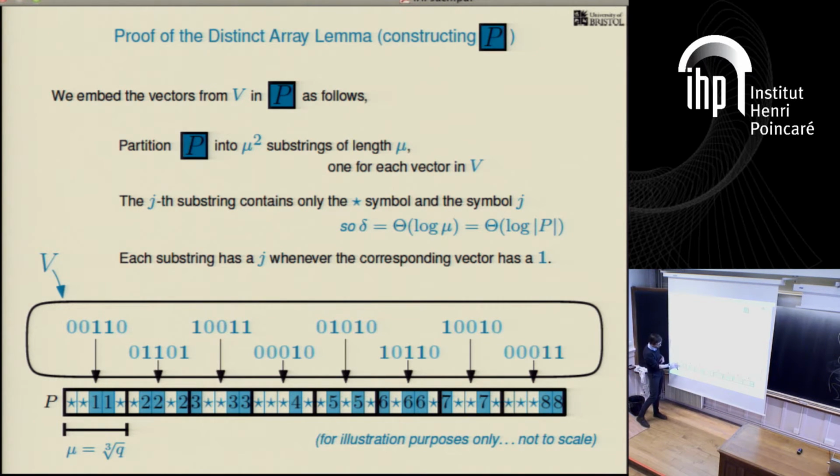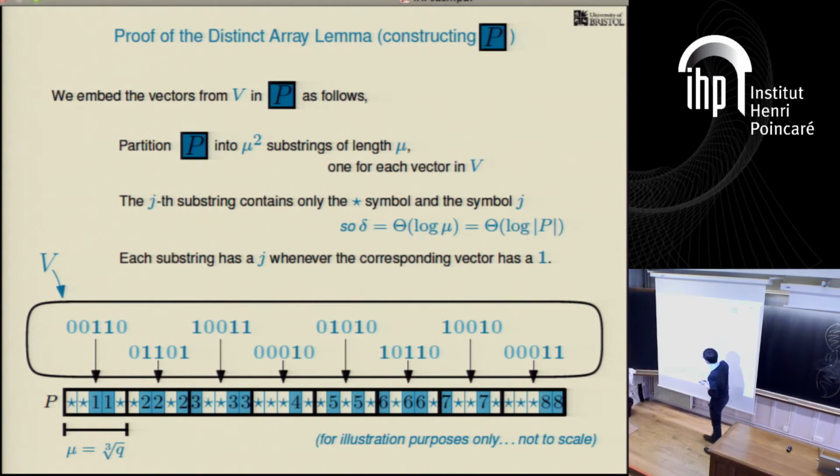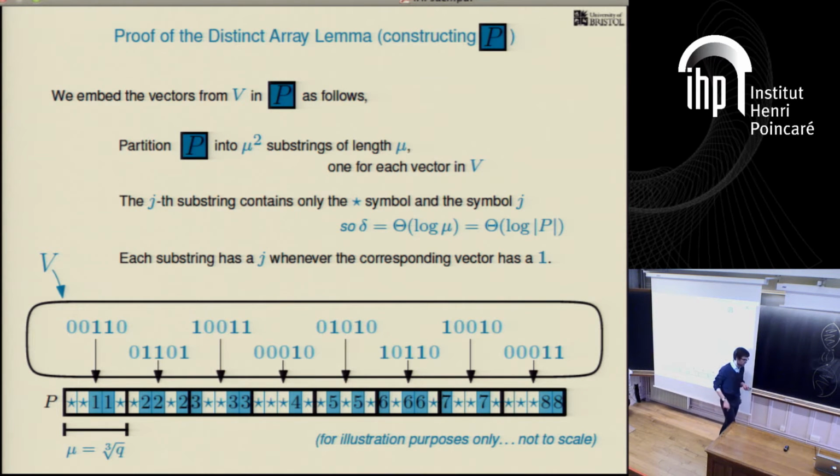And I replace the ones with the index of the substring. So here, 1 is replaced with 1. Here, 1 is replaced with 2. Here, 1 is replaced with 3, with 4, with 5, with 6, with 7, with 8, and so on, 9, with 10, with 11, with 12. So every substring has a special identifying symbol for the ones and a guaranteed-to-mismatch symbol for the zeros. Okay, so I've literally, in a very physical sense, embedded these vectors within the pattern.